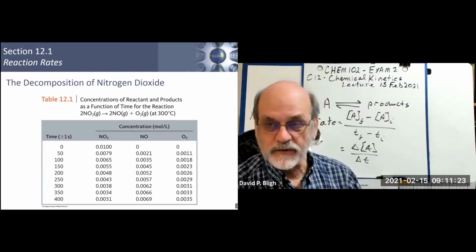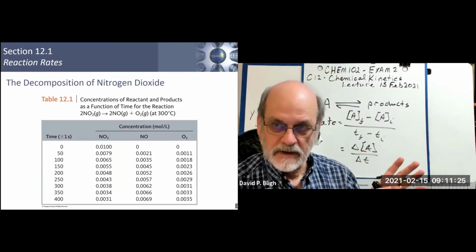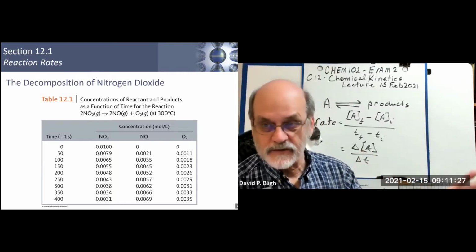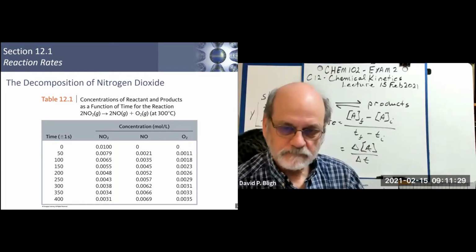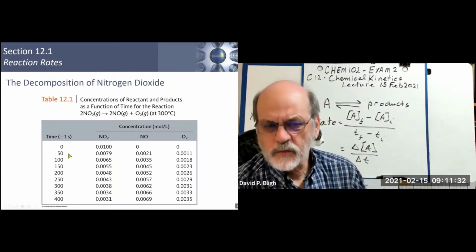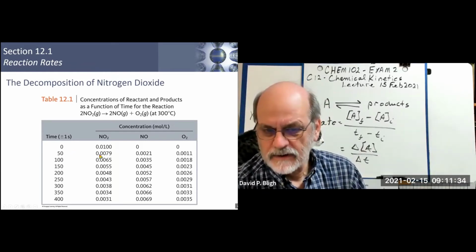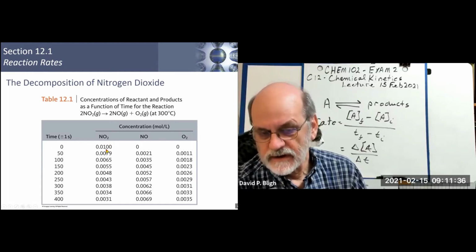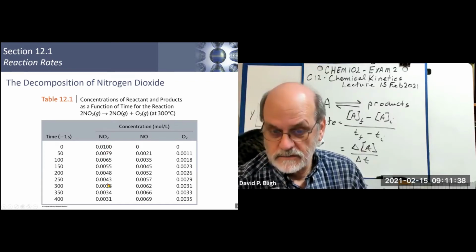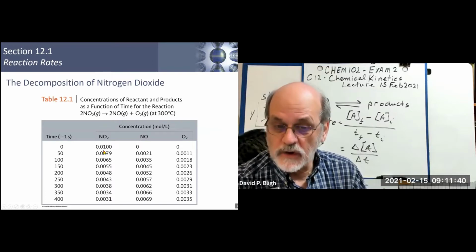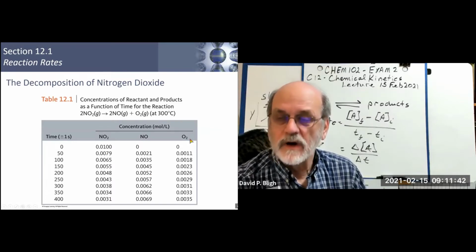You're going to shine a light through it and measure a certain wavelength of light out the other side. Anyway, notice what happens. Over time, you get a decrease in the NO2, right? And consequently, you get an increase in the NO and the oxygen.